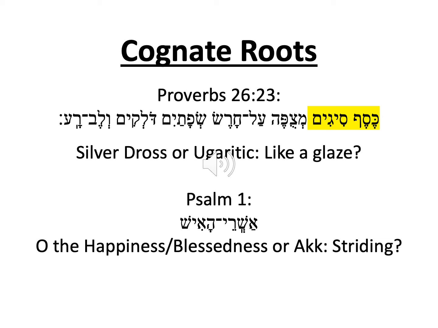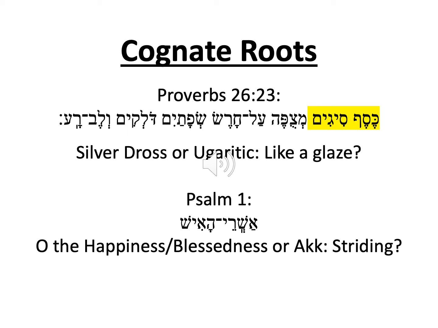In Proverbs 26:23, we read, Kesef sigim. The question is, though, does this mean silver dross? Kesef means silver. Sig means dross in Hebrew. However, our cognates from Ugaritic tell us that actually the kaf is a preposition, as, and the samek, the gimel are actually a four-letter root from Ugaritic that means glaze.